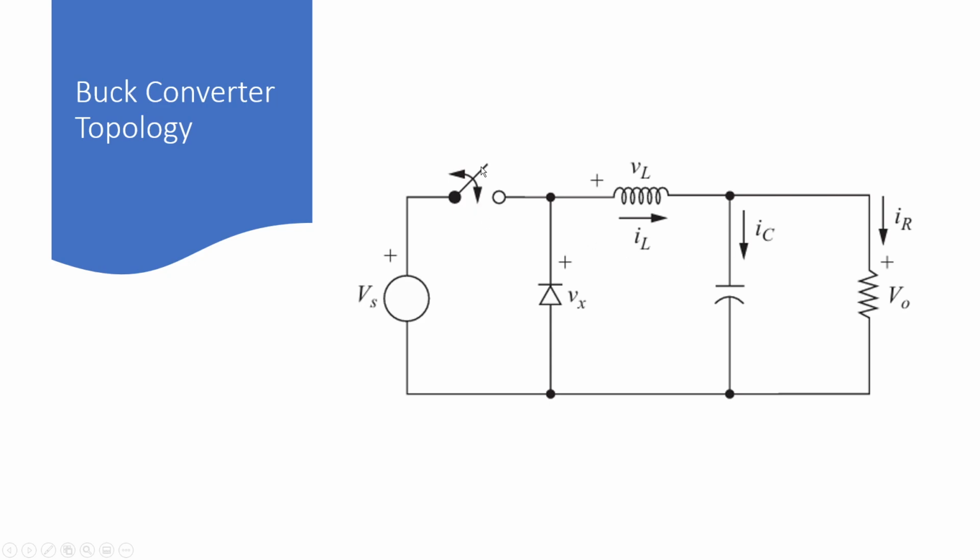The switch turns on and off, and we need to control it with a PWM generator. So this is the main component. That is the short explanation.